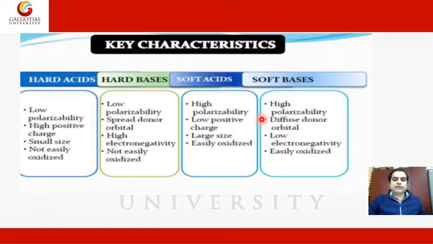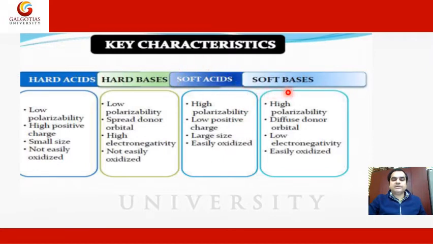And for becoming a soft acid, species should have high polarizability, low positive charge, large size, and they should be easily oxidized. Then it can be categorized as a soft acid.